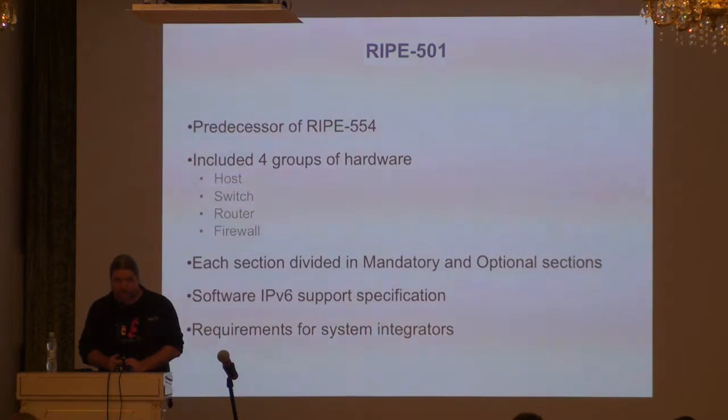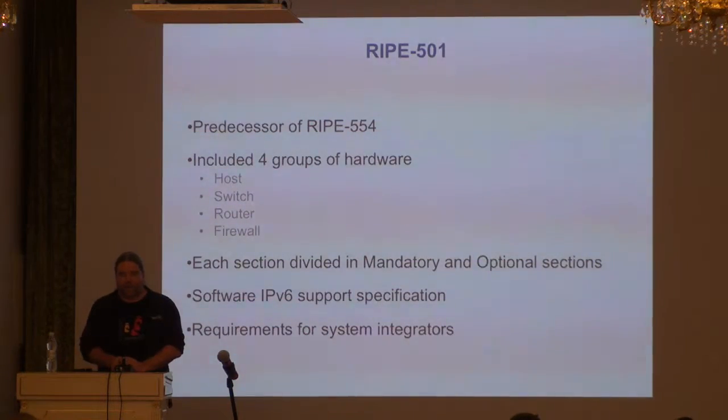So RIPE 501 was the predecessor of RIPE 554. It included 4 groups of hardware: host, switch, router, and firewall. And each section was divided into mandatory and optional sections, and also software IPv6 support was specified, and also the requirements for system integrators. If you are a system integrator, in this and the previous document, there is quite a hard requirement for system integrators about IPv6 experience.